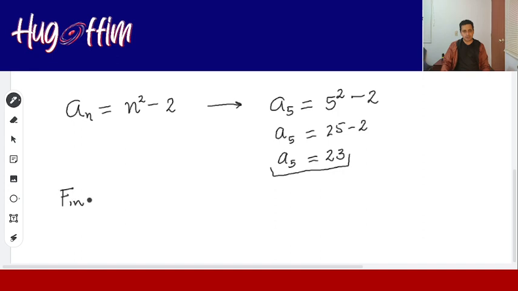Find the recursive formula for this sequence. So let's say that the sequence is 3, then goes 15, then goes 75.